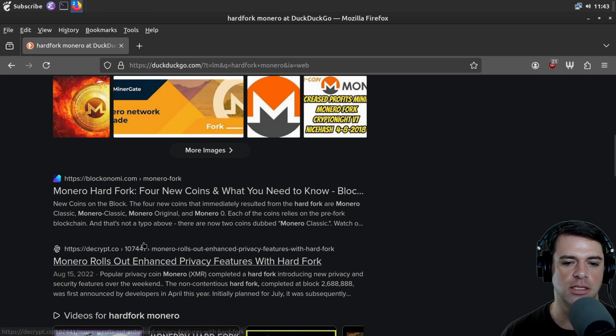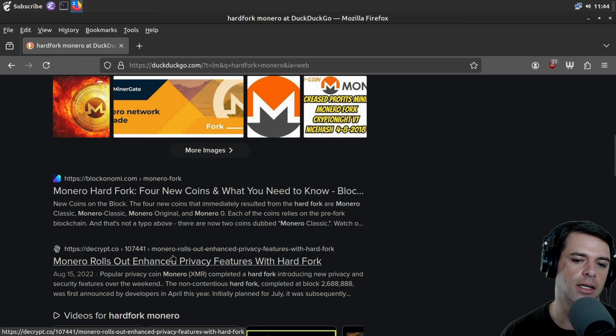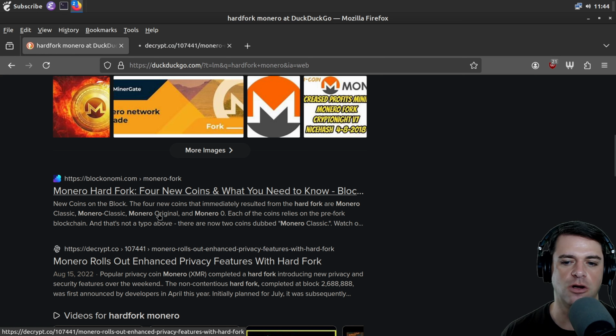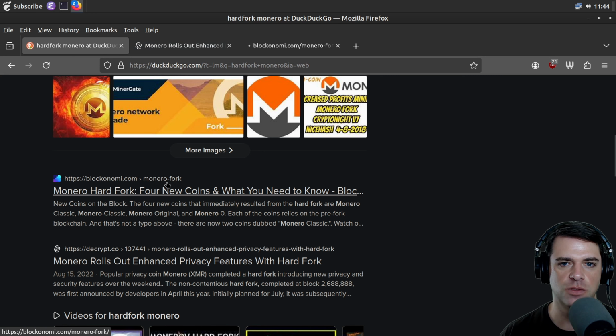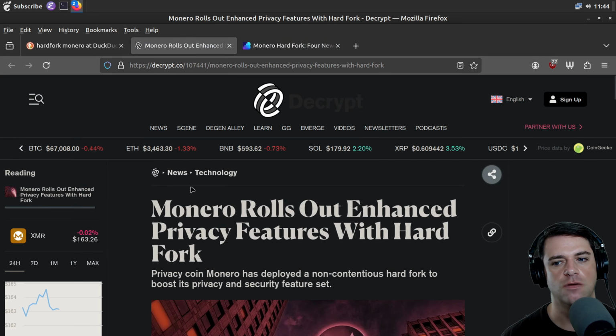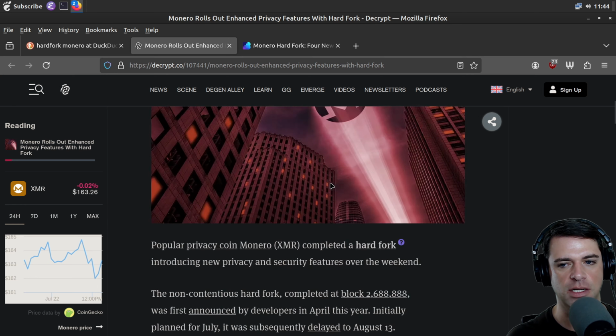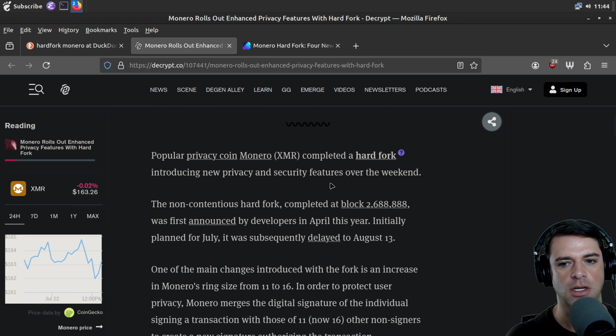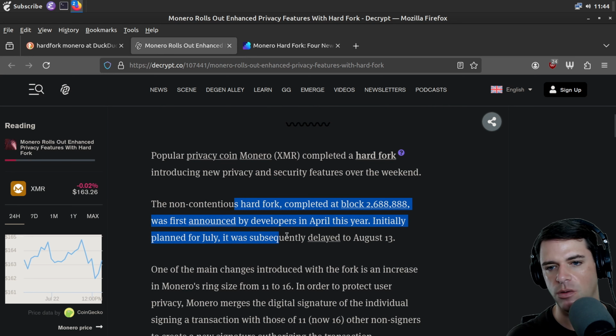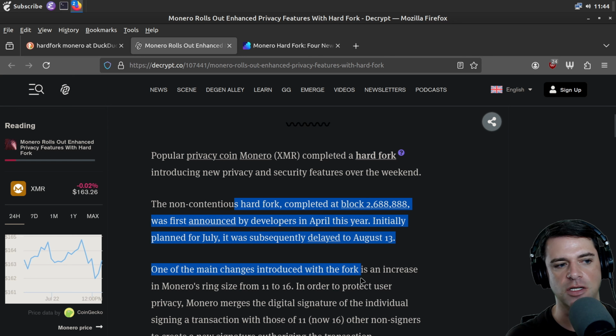And I guess when they introduce new things, they do a hard fork and they keep track of it. Maybe that's what's going on. For example, enhanced privacy features with hard fork. Privacy coin Monero has developed a non-contentious hard fork to boost its privacy and security feature set.